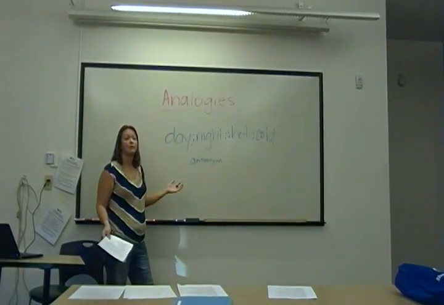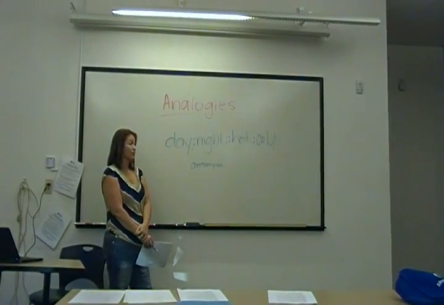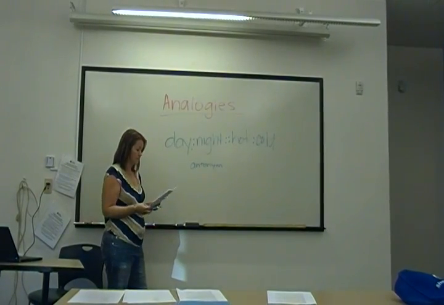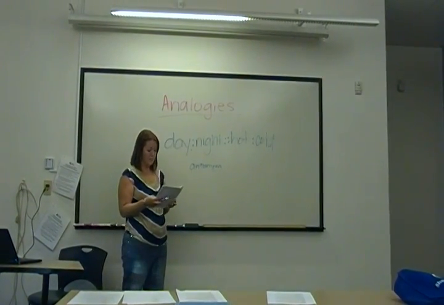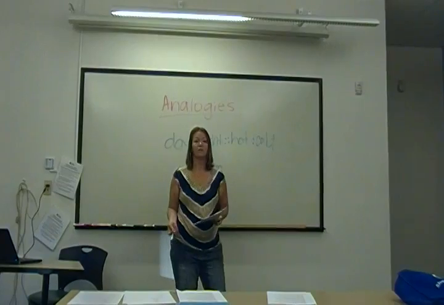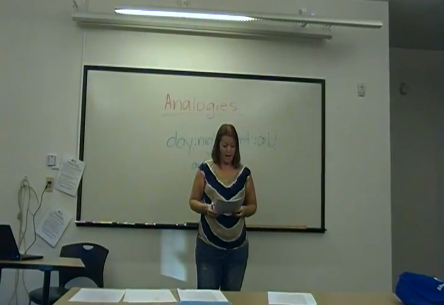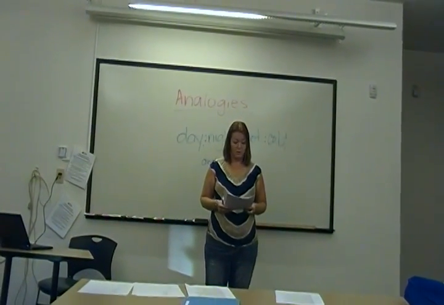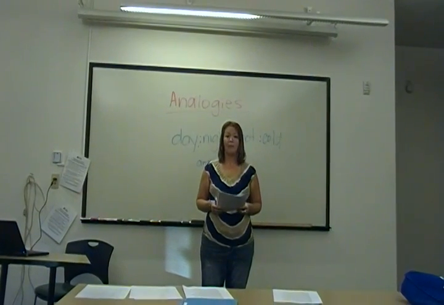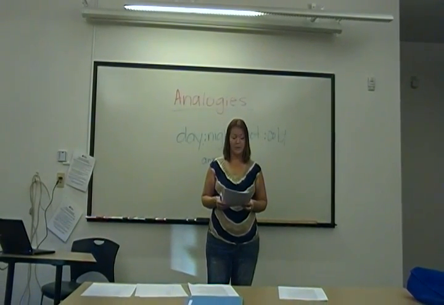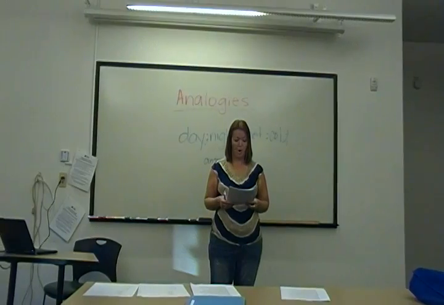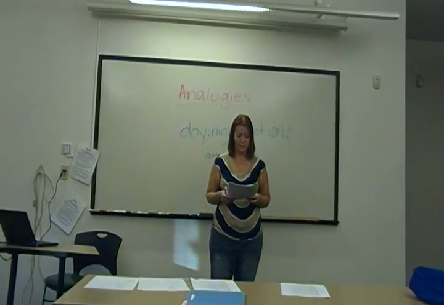So there are a number of different relationships that can be shown by using analogies. So let me go over a few of them out loud. A minute is to an hour as an ounce is to a pound. This relationship is part to a whole.